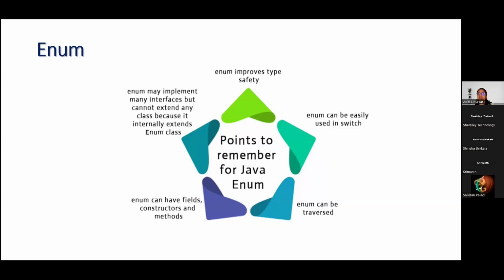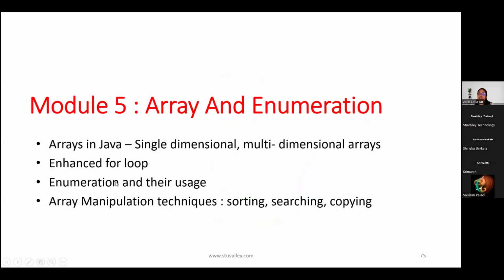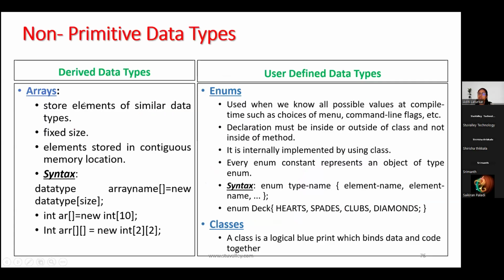And with this, our fifth module is completed, that is nothing but arrays and enumeration, with the two types of arrays, single dimensional and multi-dimensional with two-dimensional arrays. In the user-defined data types, we have seen enumeration, that is the enum data type.